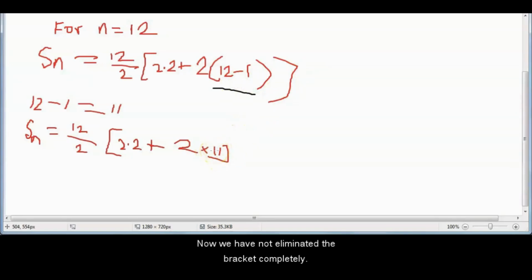Now we have not eliminated the brackets completely. We still have a parenthesis to contend with. And inside the parenthesis we have 2.2 plus 2 times 11.